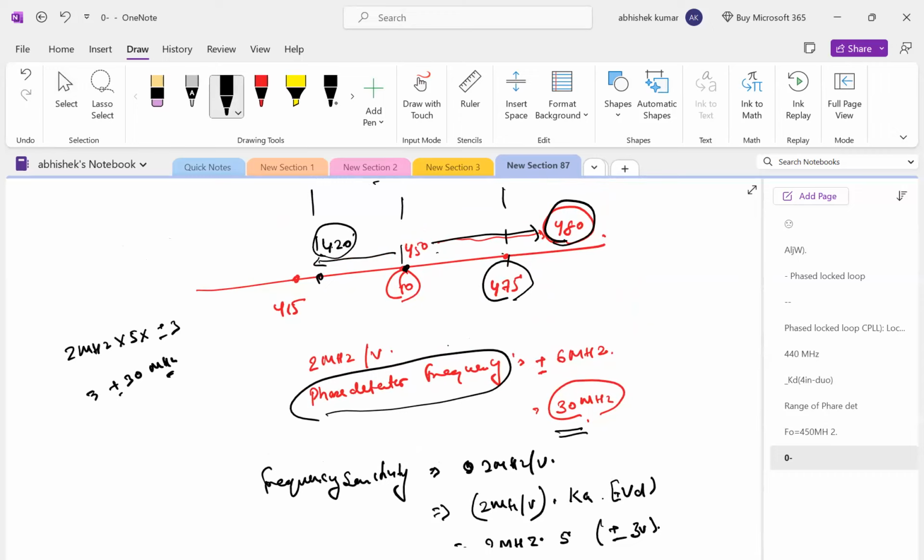So what will be the lock range? The lock range will be 420 to 475, right or wrong? Yeah. Any doubt? No. Okay, up to this we have the lock range. Any doubt, then please ask me.